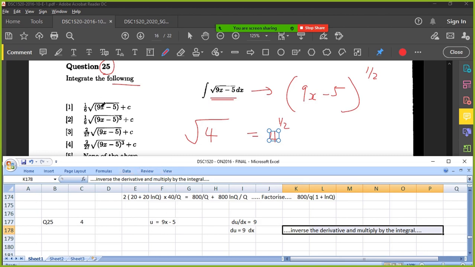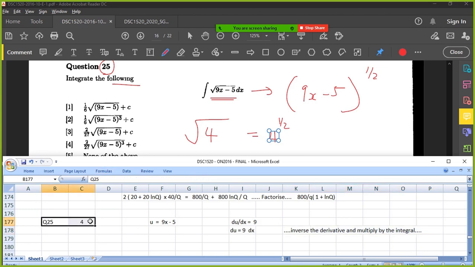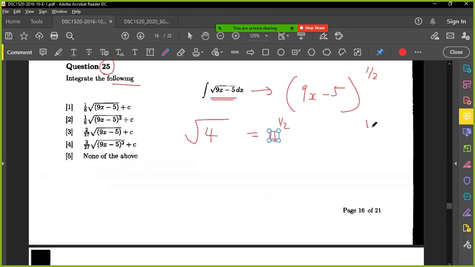I made this in here equal to u, and then I applied the integration, the inverse of the derivative, to get back to the main. So the answer that you end up with is option 4. Then I would have had u to the half, and u to the half would have been u to the half plus 1, which is u to the 3 over 2, over 3 over 2.